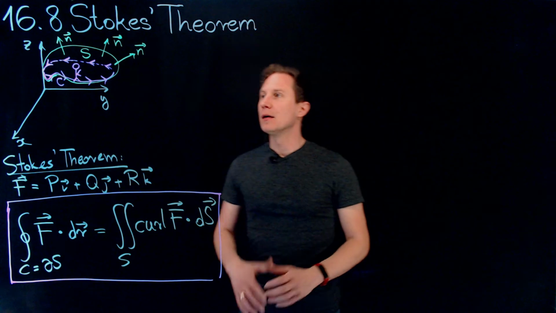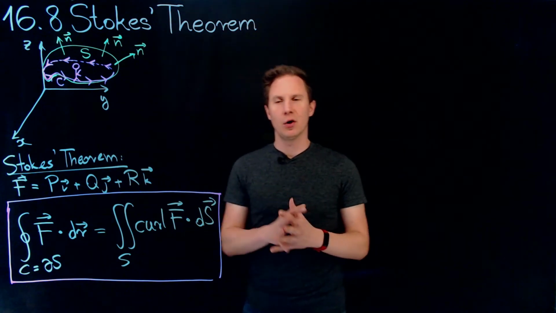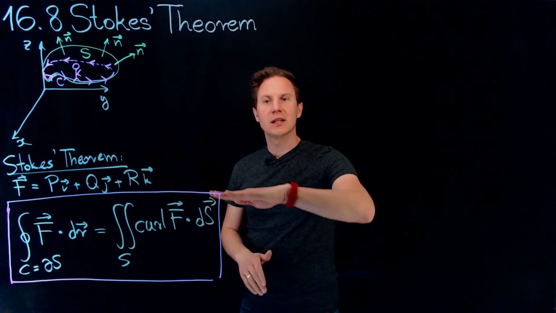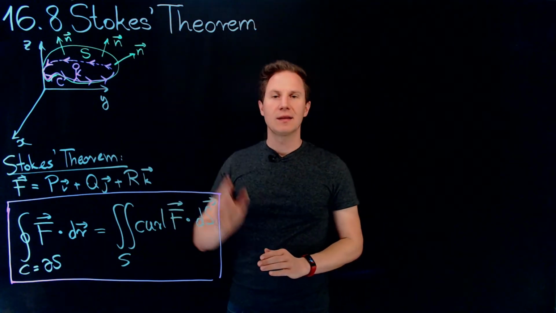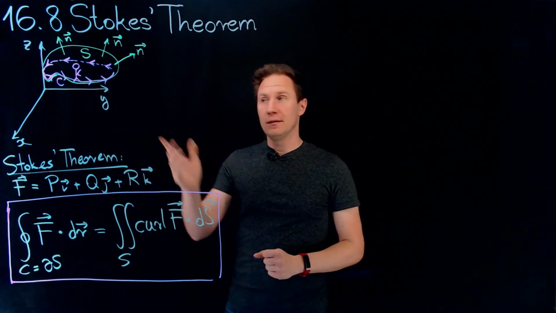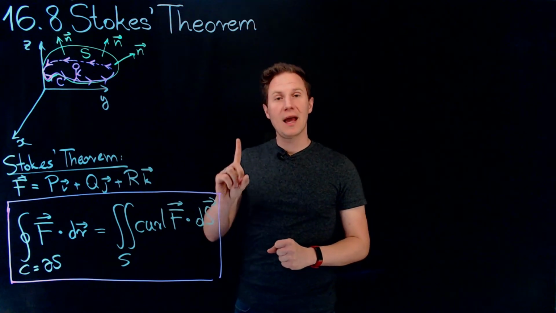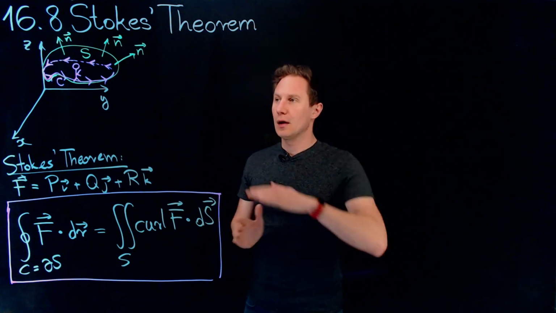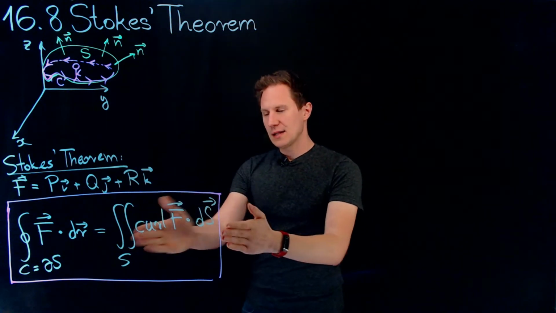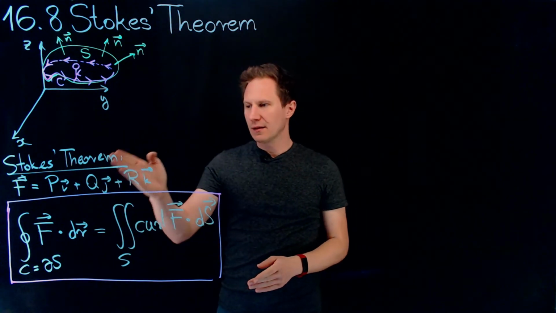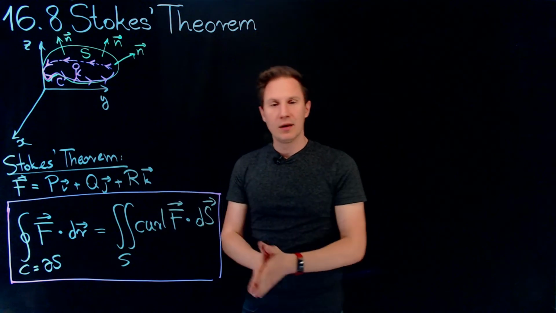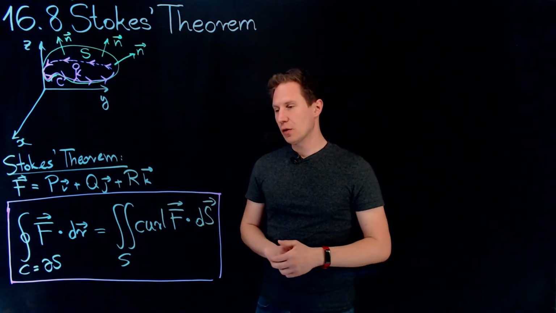And as I said, Stokes' theorem is a generalization of Green's theorem, because if that surface lies flat in the xy plane and its orientation is so that the normal vectors point upward, so we have the unit vector k as the normal vector at every point on that flat surface, then the right-hand side will become exactly that dQ over dx minus dP over dy being integrated over that flat region.